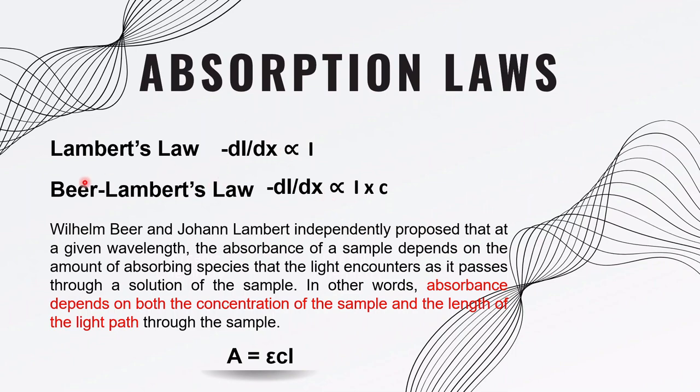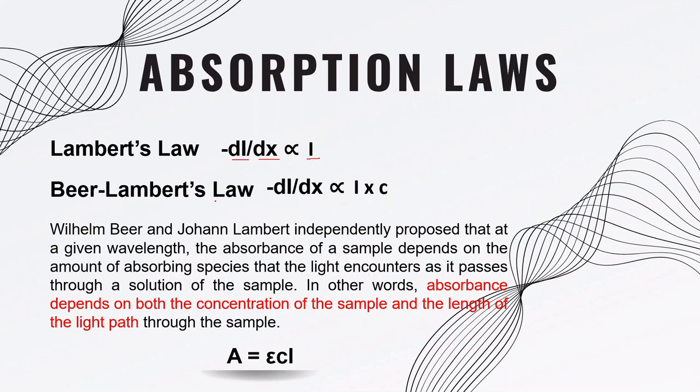There are two absorption laws which govern the absorption of light by a molecule. They are Beer's law and Lambert's law. Together they are called the Beer-Lambert law. Lambert's law states that when a beam of monochromatic light radiation is passed through a homogeneous absorbing medium, the rate of decrease in the intensity of radiation with thickness of the absorbing medium is proportional to the intensity of light.